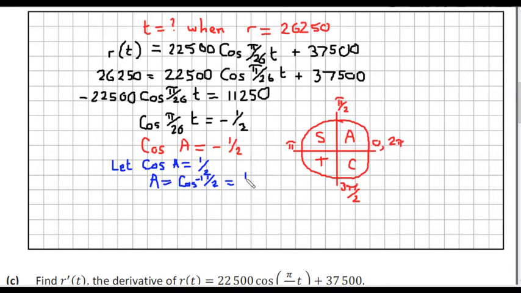You put your calculator in radian mode, it's going to be pi over 3, and that would be equivalent to 60 degrees. But we're going to use that to get the two solutions in these two quadrants. So we're going to come into this quadrant from the horizontal axis by 60 degrees or pi over 3 radians, and come into the third quadrant by pi over 3 radians.